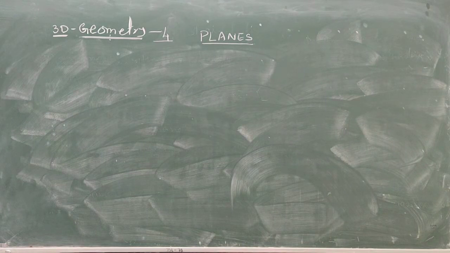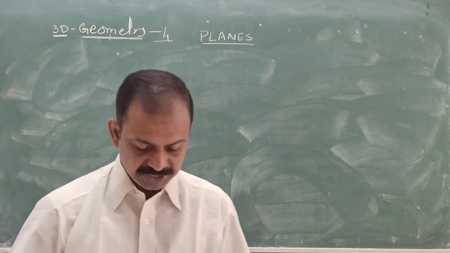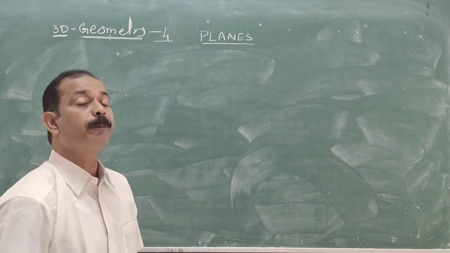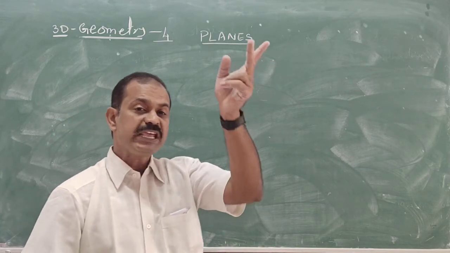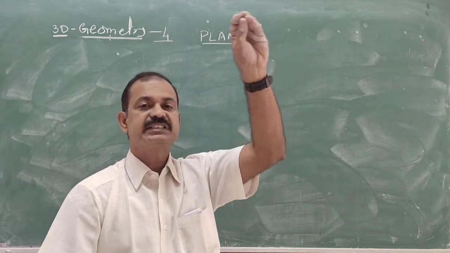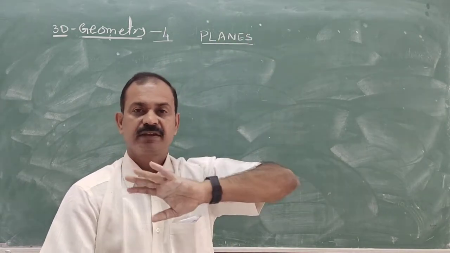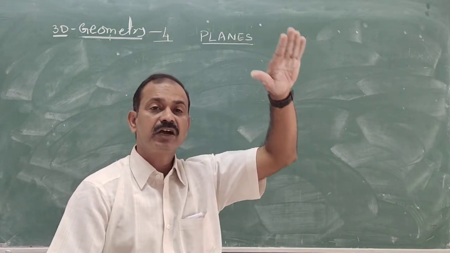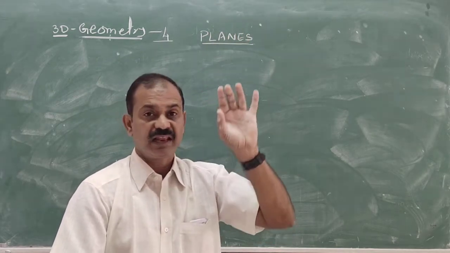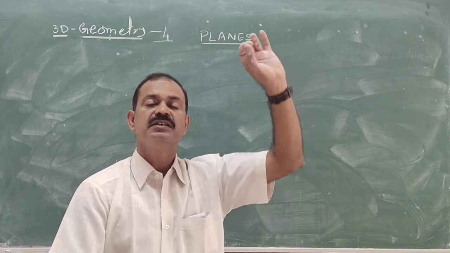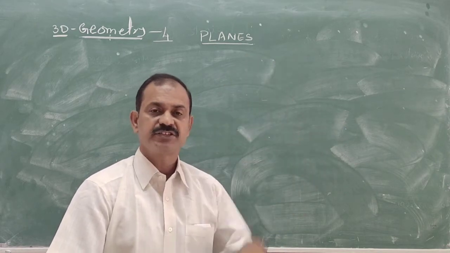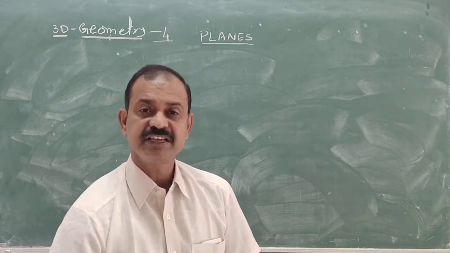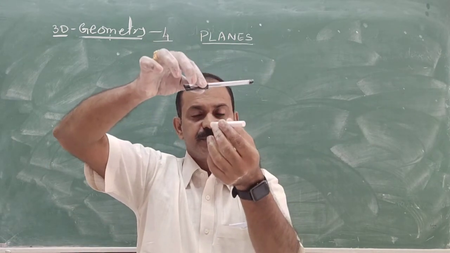Next one is coplanarity of two lines. So what do you mean by coplanarity? Collinear: points lying on the same line. Coplanarity: lines lying in the same plane. When do we say that two lines are lying in the same plane? Say there are two lines in space.